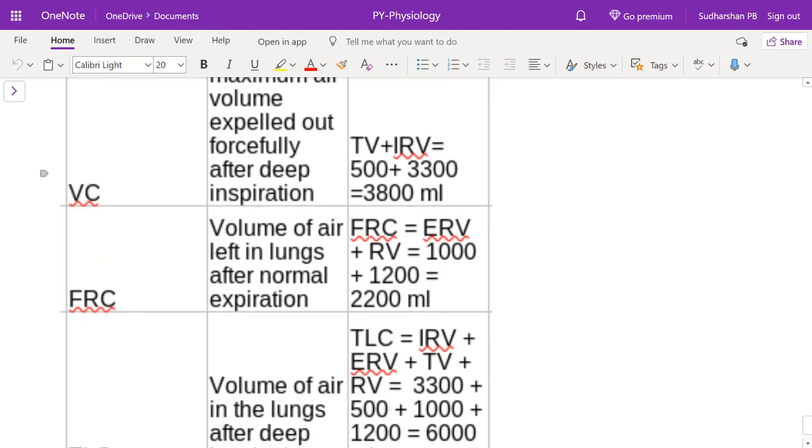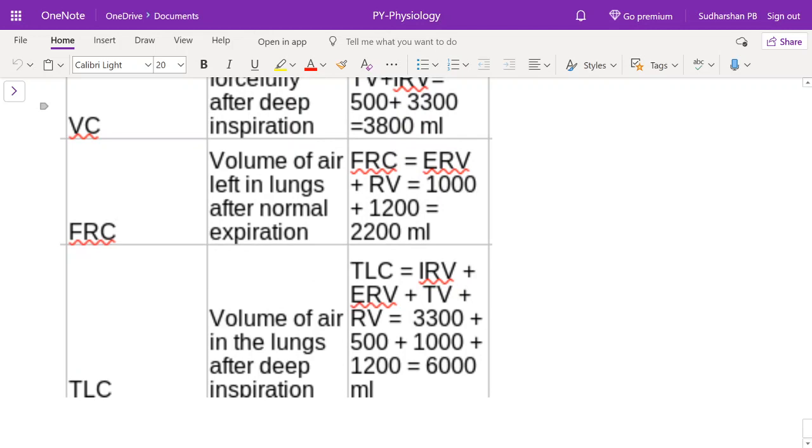And FRC is the amount of air left in the lungs after normal expiration. So that is equal to ERV plus RV, and it is 1000 plus 1200, or 2200 ml. And total lung capacity.